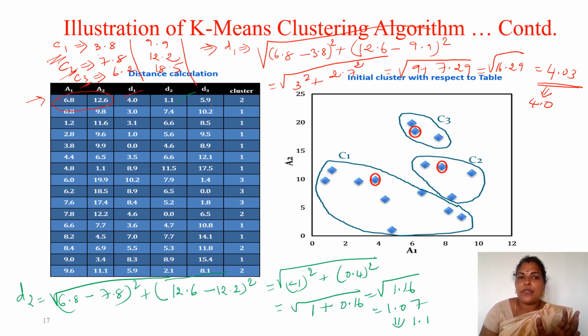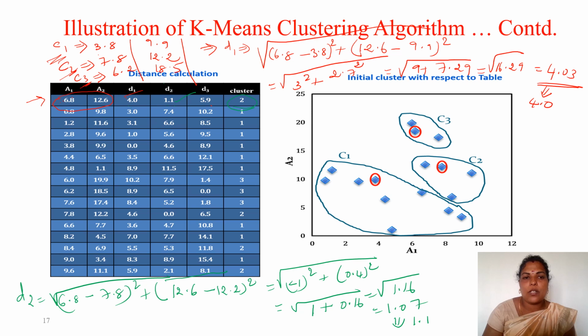So you have to find the smallest distance. Whichever of D1, D2, D3 is smallest decides the cluster. Among these three, D2 has the smallest distance, so this record belongs to cluster 2. Likewise, you have to compute for all the records. For the next record you see 3.0, 7.4, 10.2.